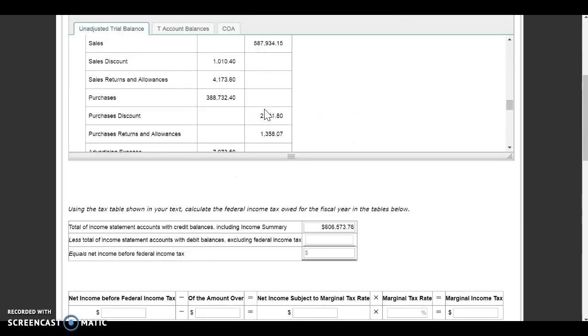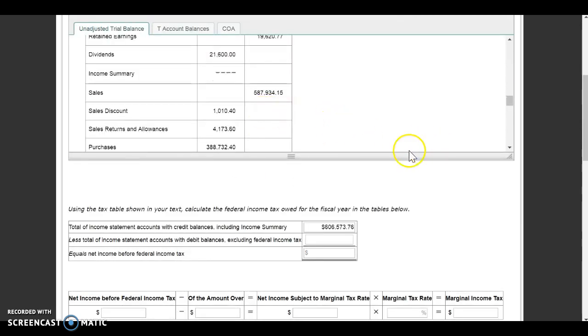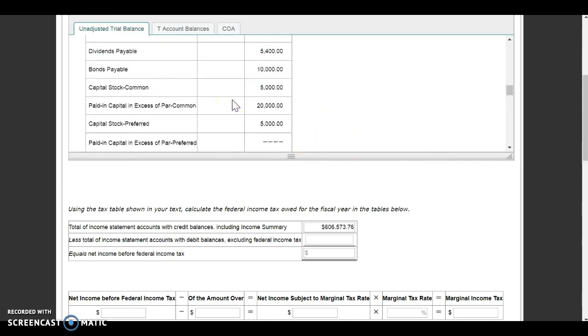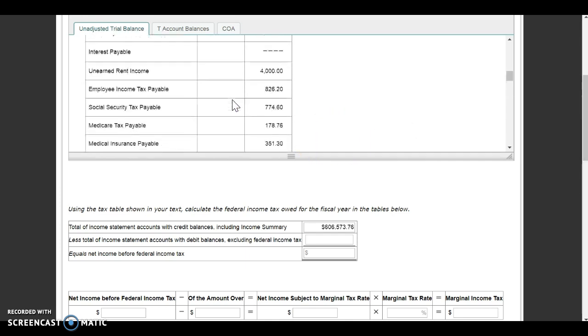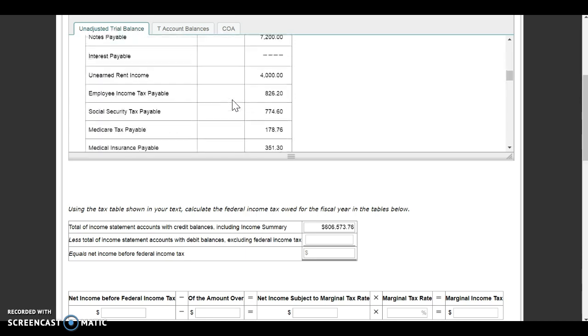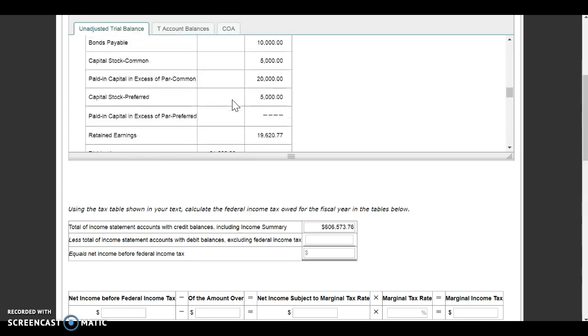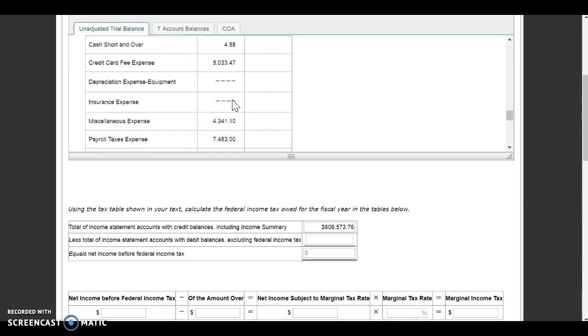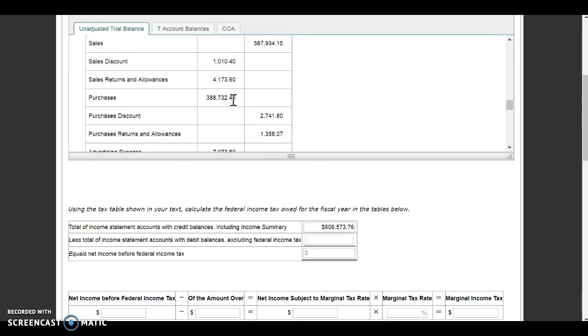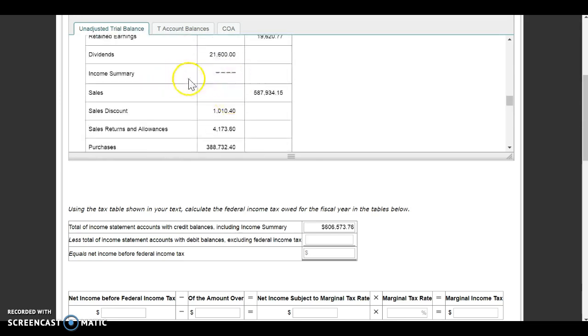Okay, this is where it can be a little confusing because we have to click back and forth to be looking at our totals. So let me find my income summary. Okay, here is my income summary. So everything here and below with a credit balance is what we add together.